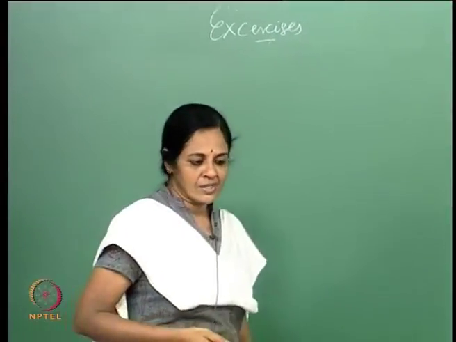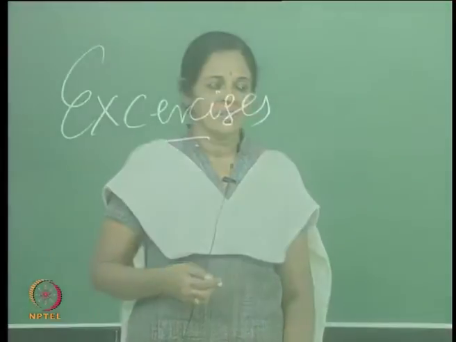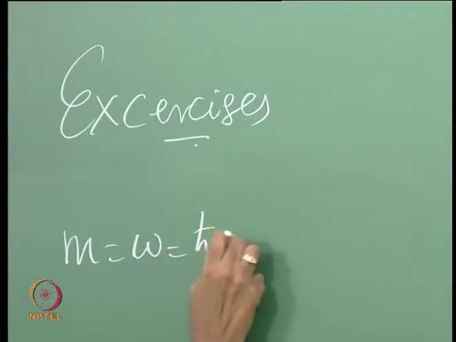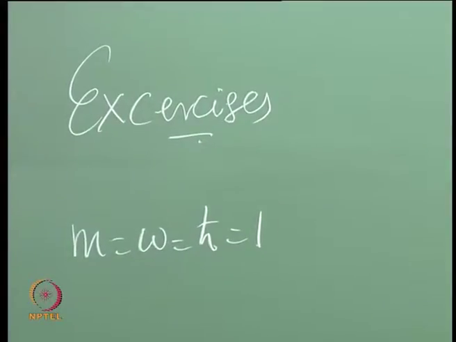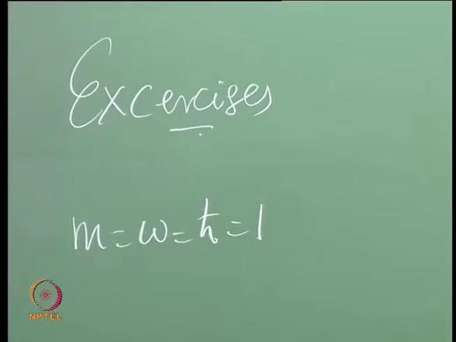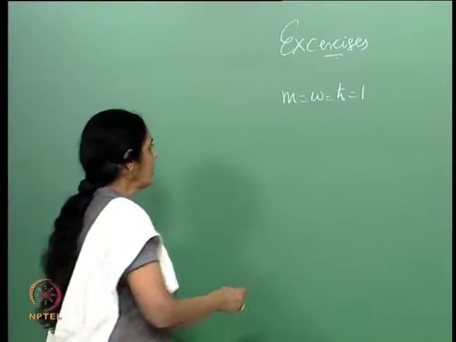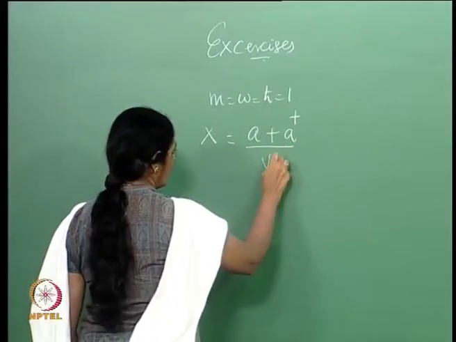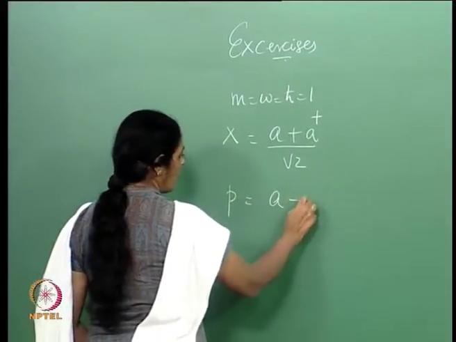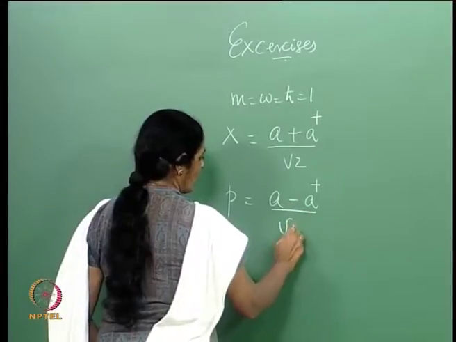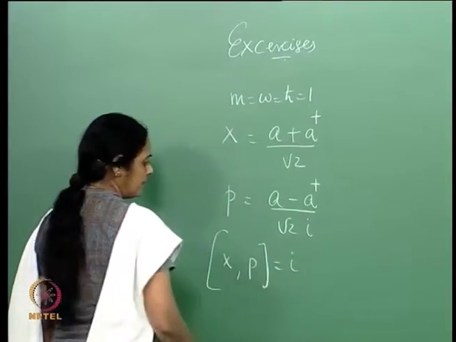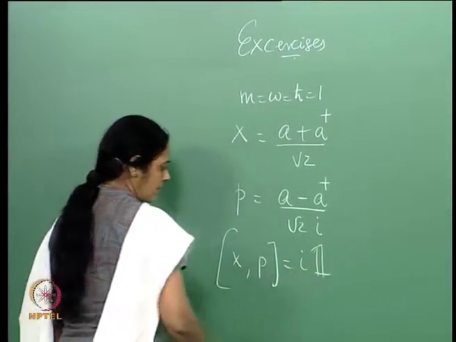The first exercise pertains to the harmonic oscillator, the linear harmonic oscillator, for which if I set m equals omega equals h cross equals 1 for simplicity, I can always put them back later once I do the calculation, then x would simply be a plus a dagger by root 2 and p would be a minus a dagger by root 2 i, and of course the commutator of x and p is i times the identity operator.